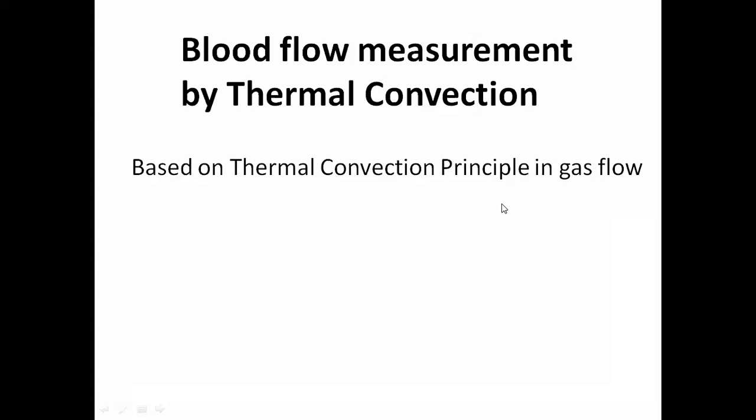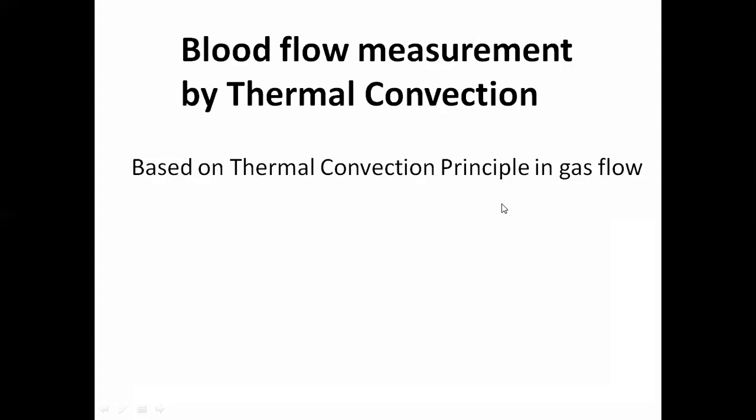The upper side sensor measures the heat, and the difference of the two sensors will be measured. If the blood flow rate or the gas flow rate is increased, then the absorption rate decreases.